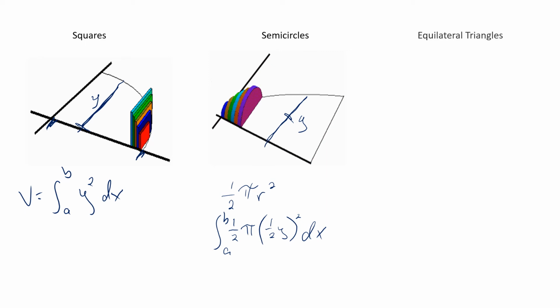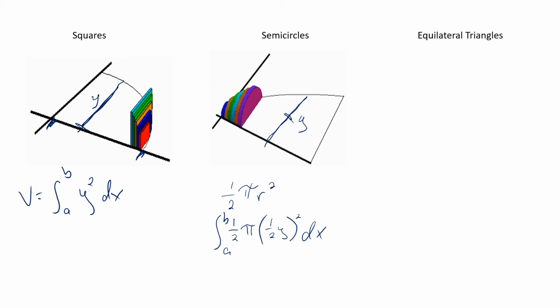And we could also have a triangle. Equilateral triangles is the one we're showing here, but it could be any triangle. Remember, triangle is 1/2 base times height. It would give you information about the height. It could say it's an isosceles right triangle where one leg is on the XY plane. That means that it's going to be like a square, except it'll be 1/2 of that.